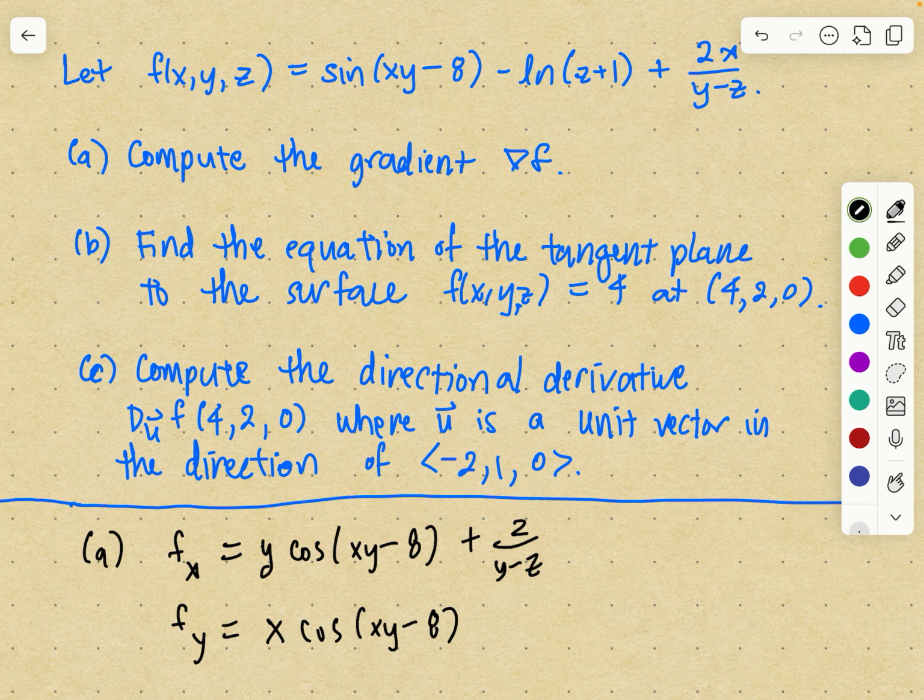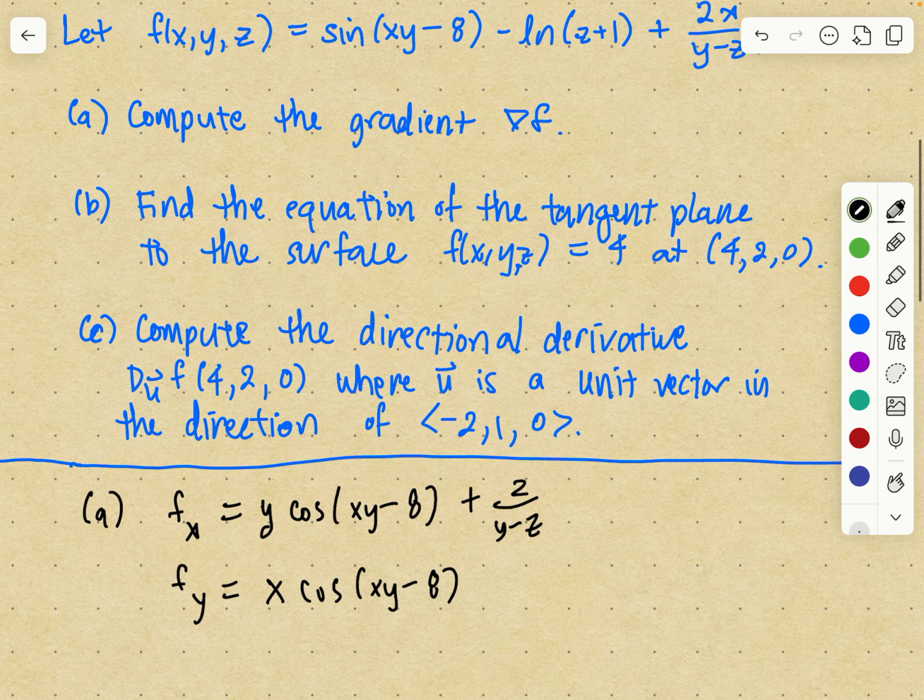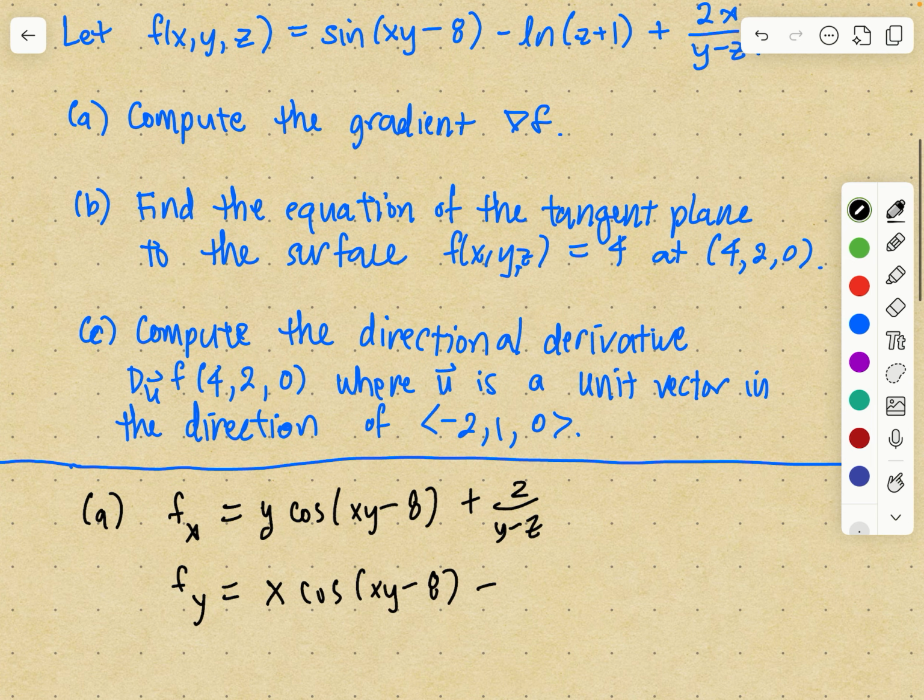So for something like that, you could use the quotient rule, or you could write this as the constant 2x times (y minus z) to the negative 1 power, and then do the power rule, right? So when you do that, you're going to get negative 2x over (y minus z) squared.